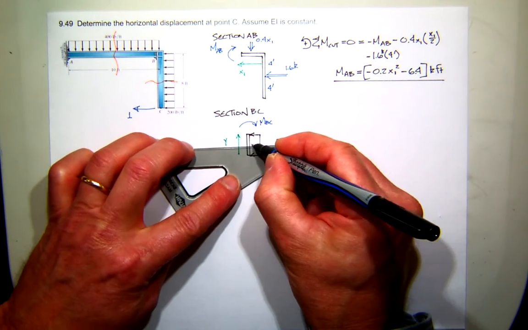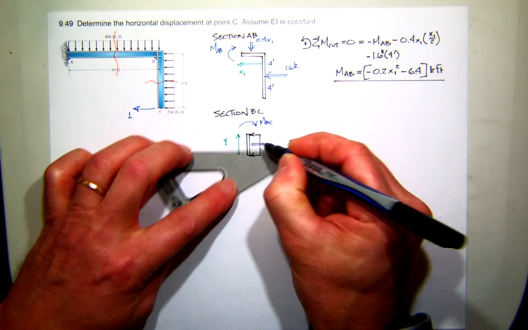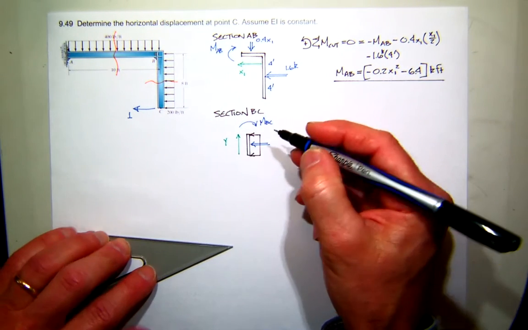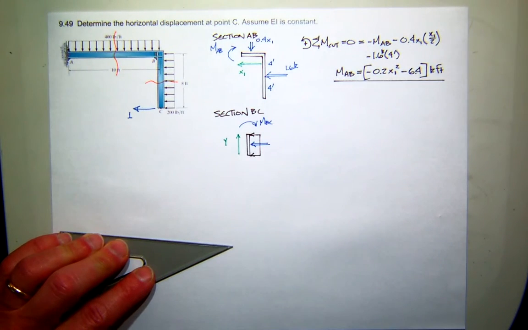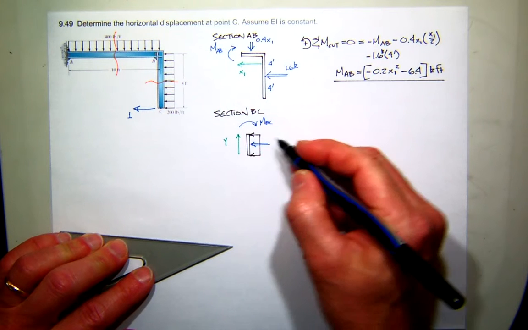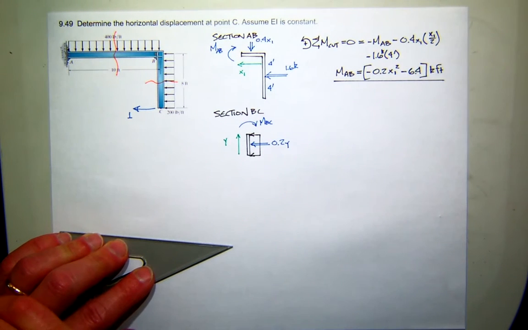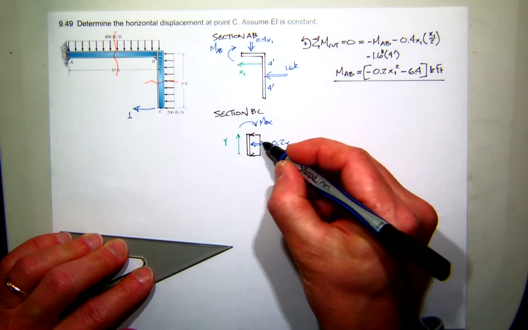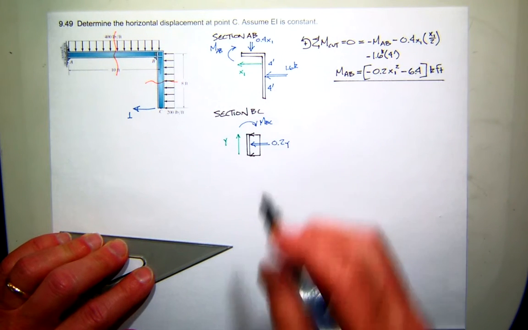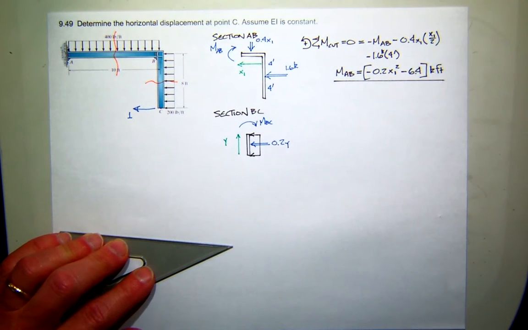And then the concentrated equivalent of that distributed load will be the load, which is 200 pounds per foot times a distance of y. So we're doing it in kips, so that'll be 0.2 kips times y. And of course that'll be y over 2 distance from the end.